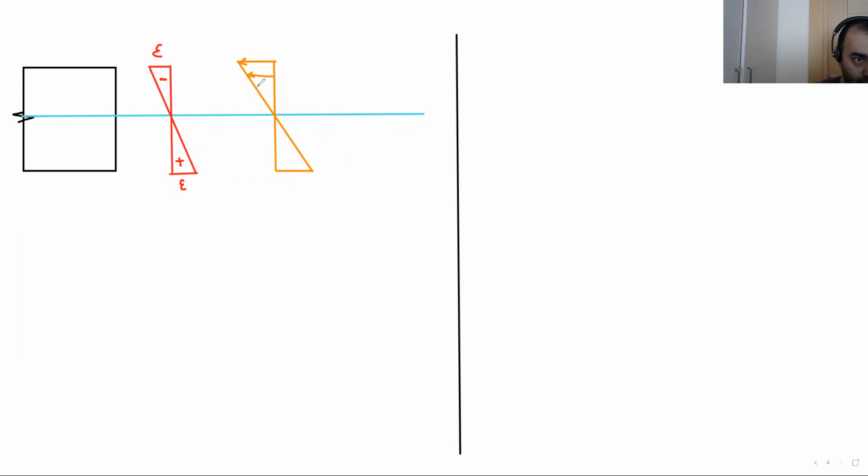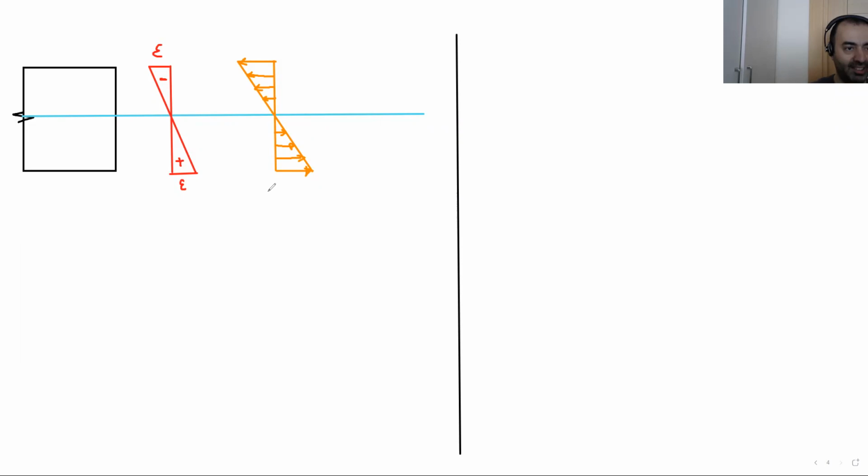At the top, the stress arrows go into the structural member. At the bottom, stress arrows go out from the structural member. If it goes out, it means there is tension over here.